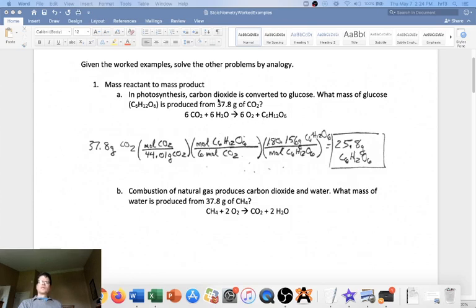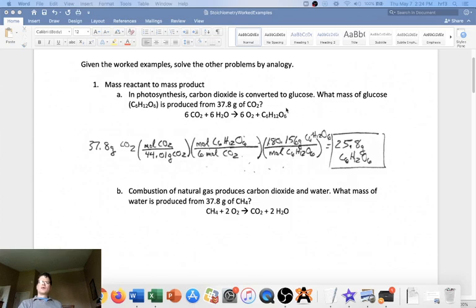So we're given a mass, but we need to work in moles. So 37.8 grams of carbon dioxide, I'll convert to moles of carbon dioxide, and the molar mass I got from the periodic table. Carbon plus 2 times oxygen is 12.01 plus 2 times 16, which gives you 44.01 grams of carbon dioxide per mole. Then 1 mole of glucose for 6 moles of carbon dioxide.